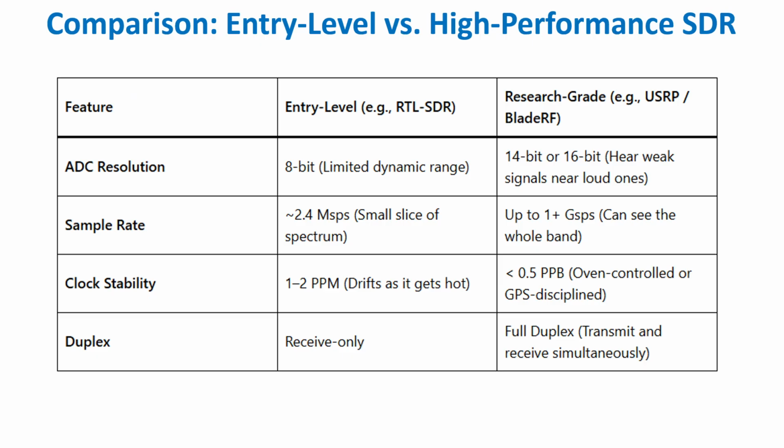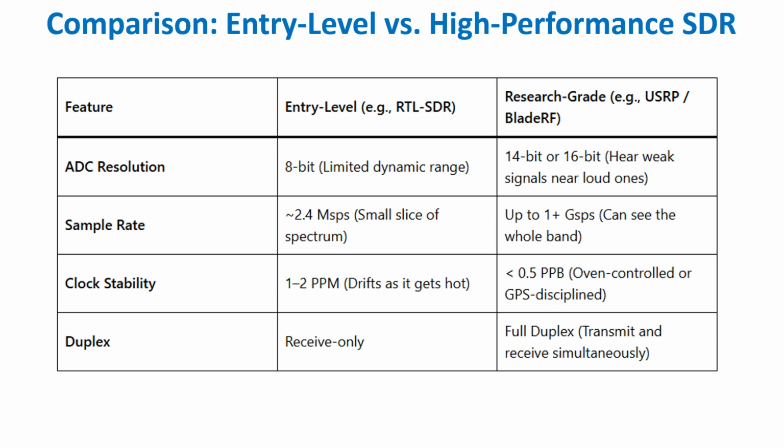Here is a comparison between entry-level SDRs like the RTL-SDR which I have and high-performance SDRs like BladeRF. Analog to digital conversion, or ADC resolution, for entry-level SDR is 8-bit with limited dynamic range, while it is 14-bit or 16-bit for higher ends.